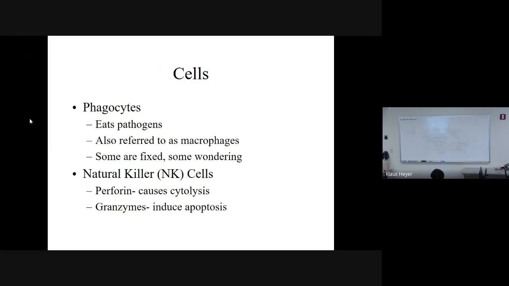So macrophages, phagocytes, we even use it as a verb. Like when we talked about blood, we said that the old red blood cells are phagocytized by the liver and the spleen. That meant that the phagocytes eat it. So there's cells that eat other things.